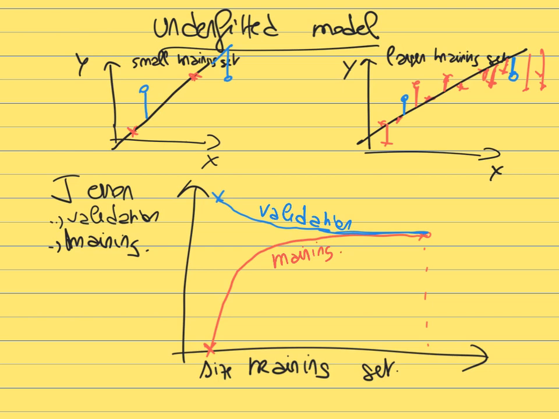If you see a learning curve that looks like this, how do you know that it's an underfitted model? What are the typical signatures? The first thing you need to know to decide if it's an underfitted model or not is the desired performance for your model. You need to know what error you would ideally like your model to achieve.